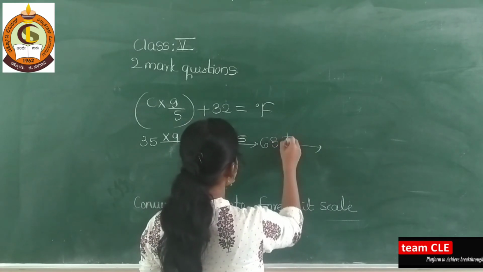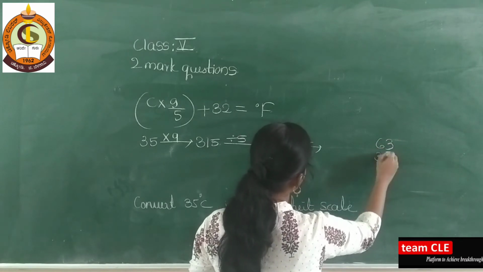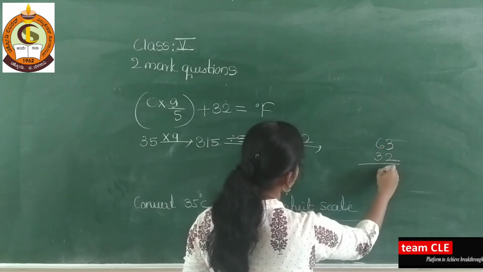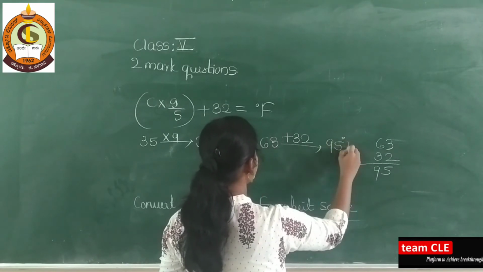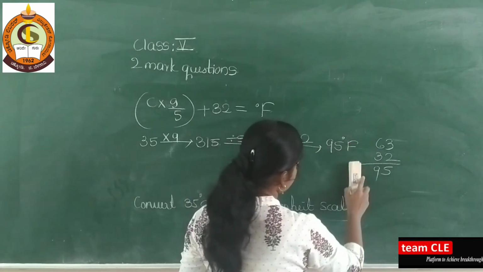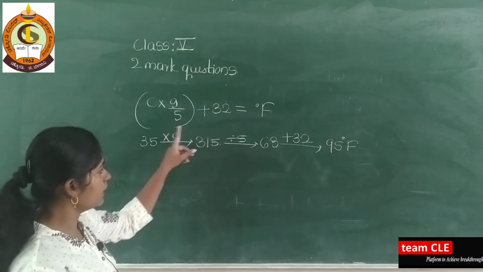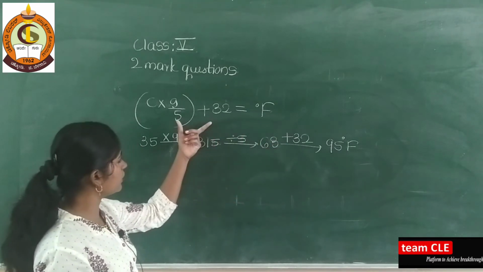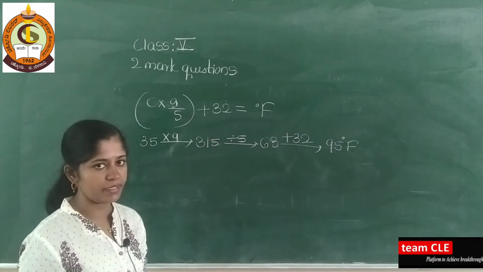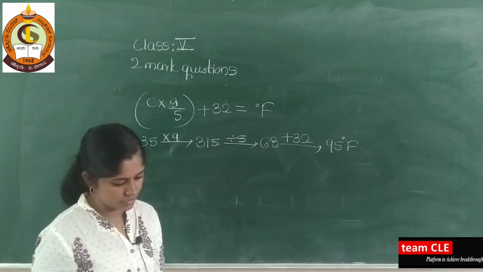Next plus 32. 63 plus 32: 3 plus 2 is 5, 6 plus 3 is 9. So it is 95 degrees Fahrenheit. So this type you are going to solve. First you need to multiply with 9, divide with 5, add 32. Keeping the formula in your mind is important. Use this formula and you will get the answer.